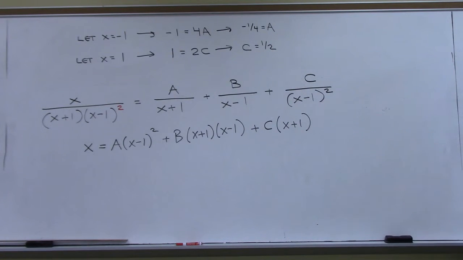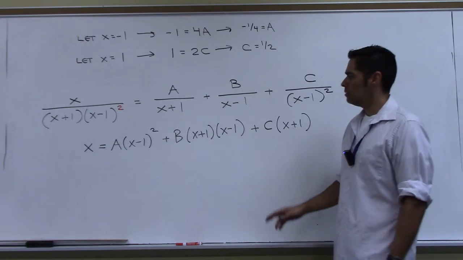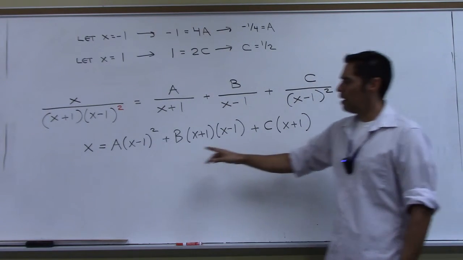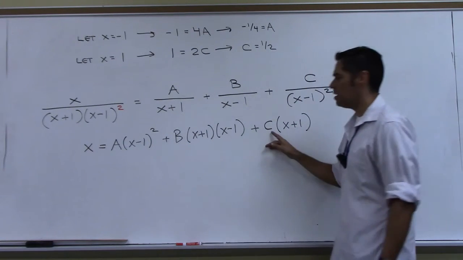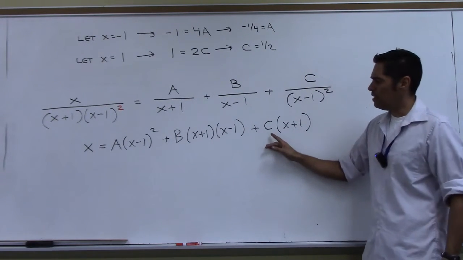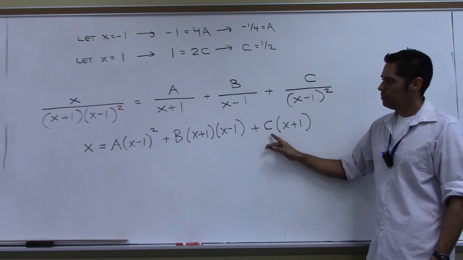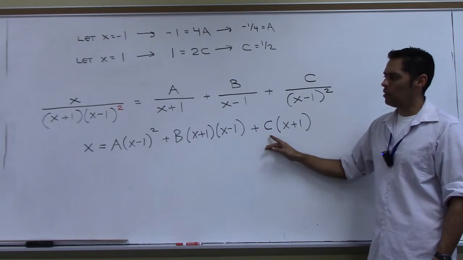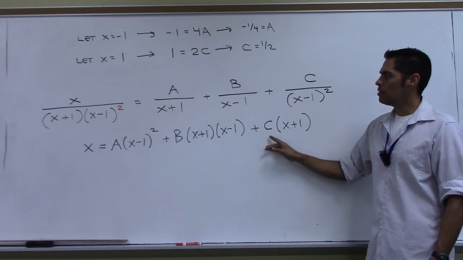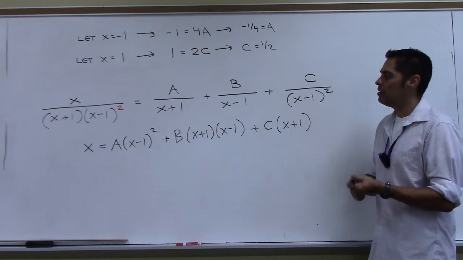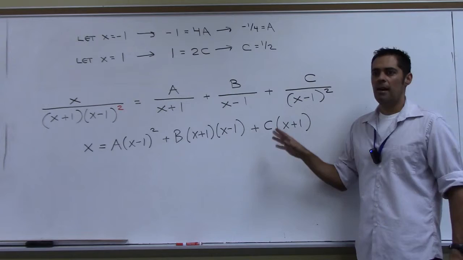But how are you going to get b? You want to replace a right here with -1/4, and then you want to replace c here with 1/2, and then what? Plug in a number for x. So let's try and pick an x value that's not that bad right now.